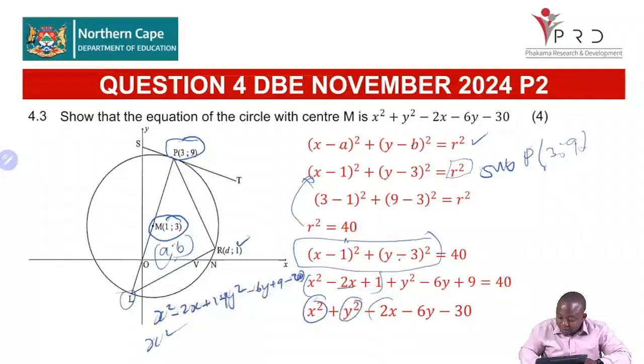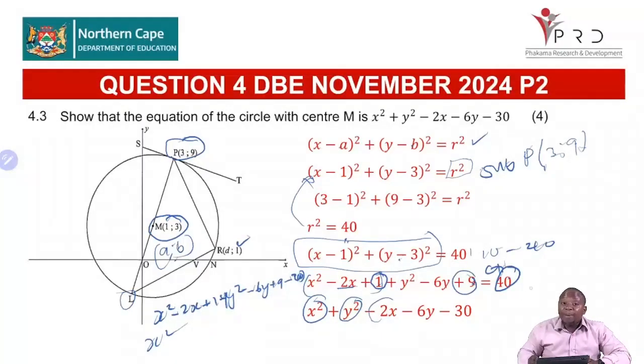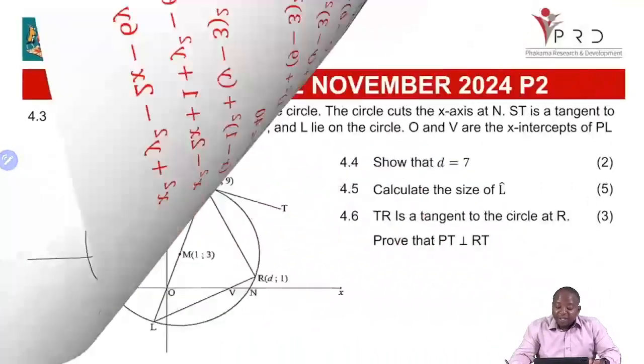Then minus 2x remains as minus 2x, minus 6y remains as minus 6y. And 1 plus 9, which is 10. Then we have 10 this side, and 10 minus 40. As we transpose the 40, or apply the additive inverse of that, 10 minus 40 is going to be negative 30. And this is how we've shown that the equation can be represented like that.